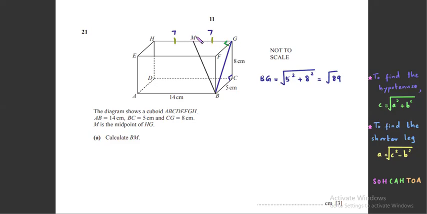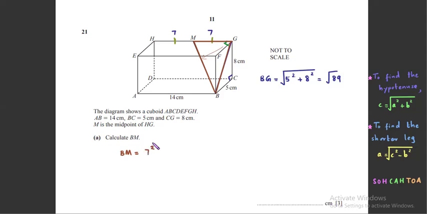I also know what MG is. Now I'm going to apply Pythagoras' theorem again to this triangle, so we apply Pythagoras' theorem twice. In this case, BM will be the hypotenuse of this right-angled triangle. That means I need to square BG and MG, add them up together and square root it to find BM.